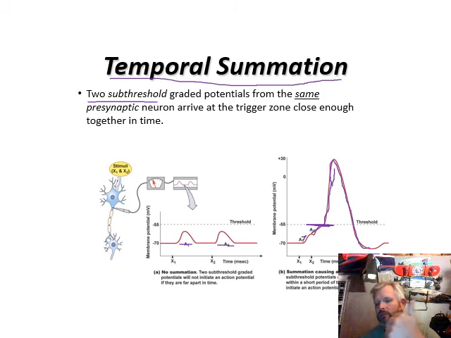So spatial is over space, multiple neurons speaking at a similar time, where temporal is boom, boom. The same neuron is firing so quickly that those excitatory signals can be summed together.